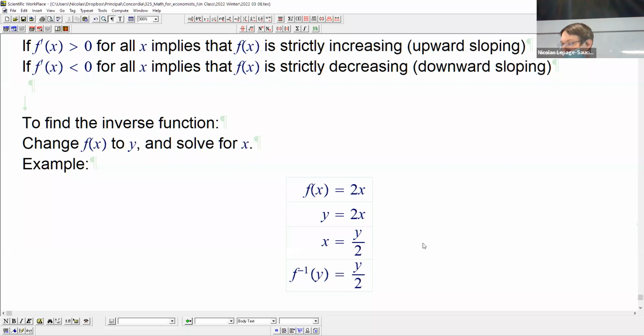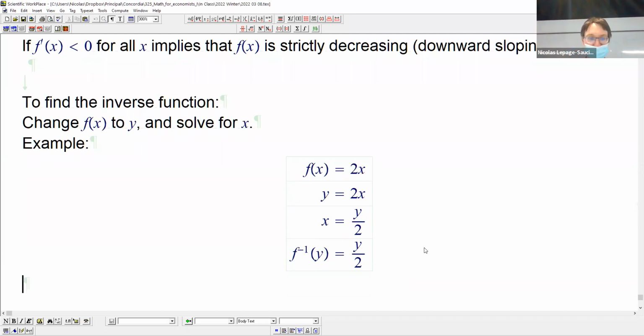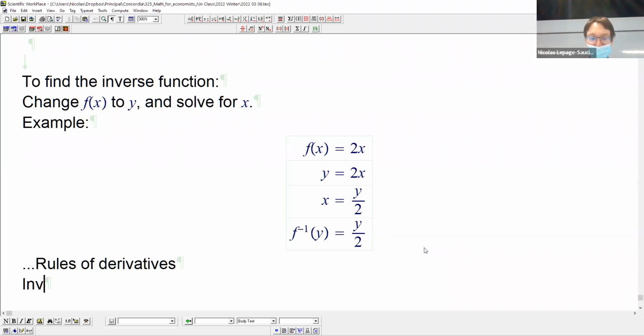Okay, let's just finish with rules of derivatives. That's the last one, and then we can call it a day. The last rule: rules of derivatives, the inverse function rule.